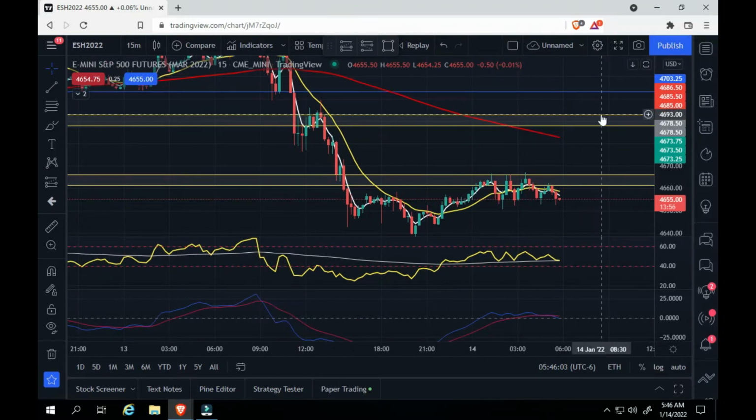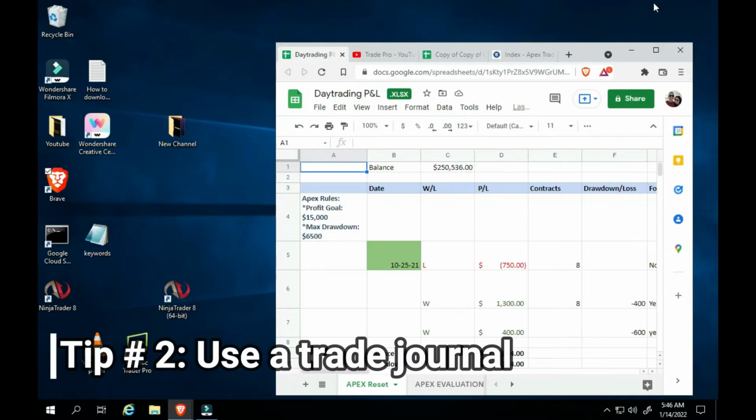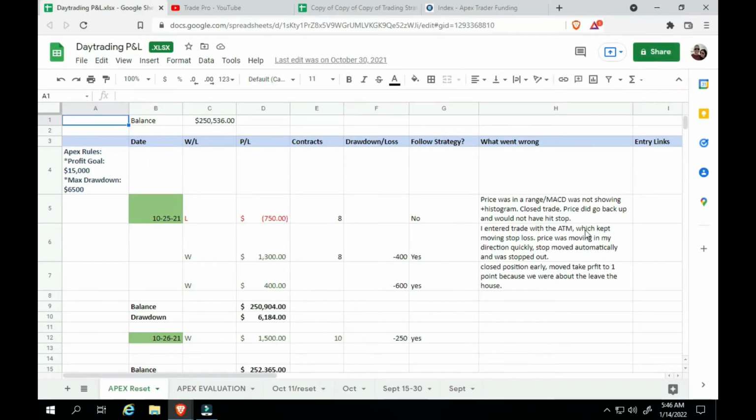All right, so tip number 2 is to have a trade journal. This is the trade journal that I used. It took me September, October, and half of October, a month and a half, going through the journal and doing paper trades.